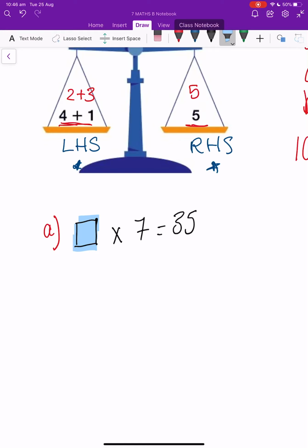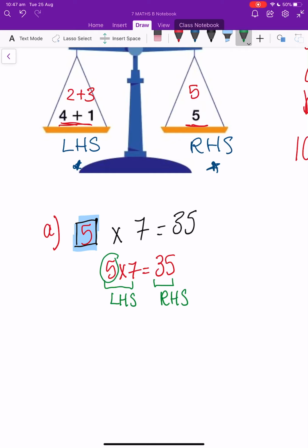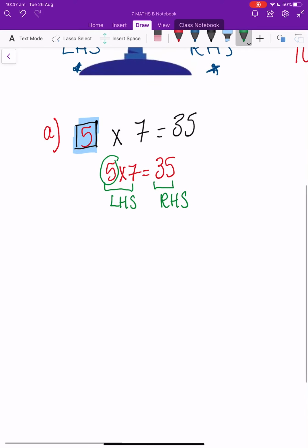You might know off the top of your head, it's just 5, because 5 multiplied by 7 gives you 35. That's just your answer, and it's saying the left-hand side is going to be equal to the right-hand side. And so inserting 5 as our unknown makes our equation true.